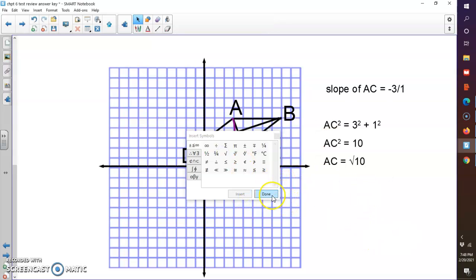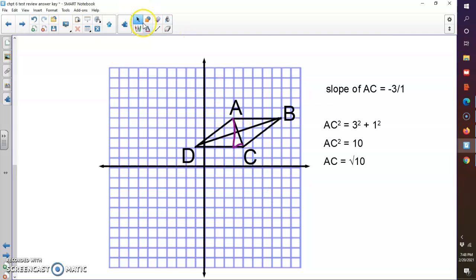Okay. Now, when I do the diagonals of BD, all right, I'm going up 3 and I'm going over 9. Up 3 and then 1, 2, 3, 4, 5, 6, 7, 8, 9. So up 3, right 9 gives me a slope of BD of 1/3.